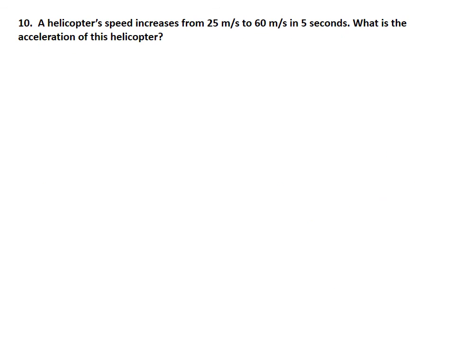And then the last problem here, it says a helicopter increases speed from 25 meters per second to 60 meters per second in 5 seconds. What is the acceleration? Again, so we're solving for acceleration. Our equation is acceleration is final velocity minus initial velocity divided by time.